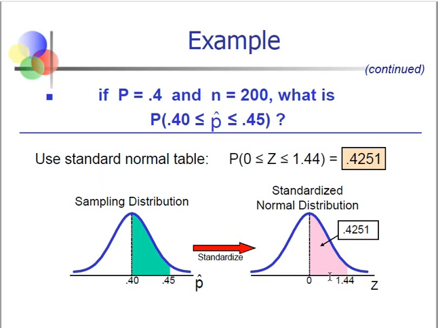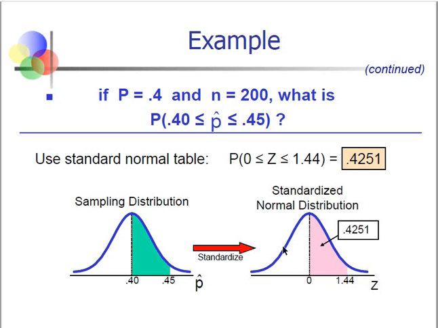From the standard normal table, we can find the probability to the left of 1.44. Then we subtract this area here, which we know is just 0.5.